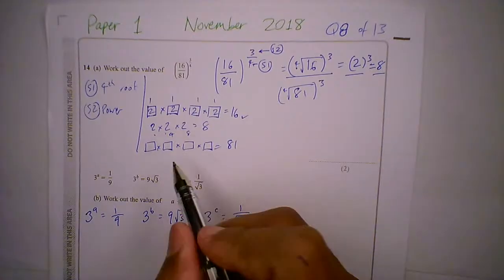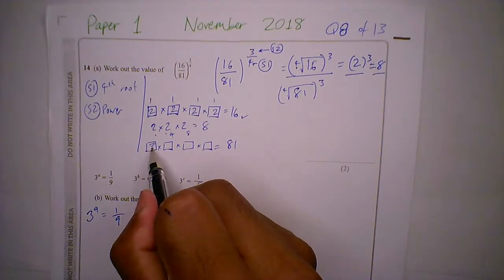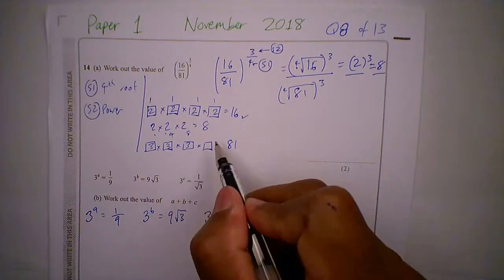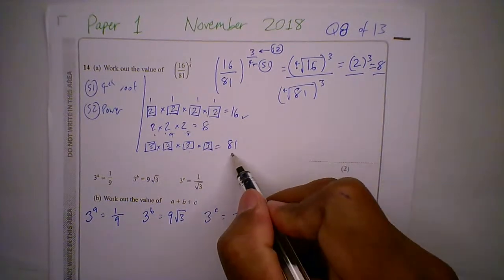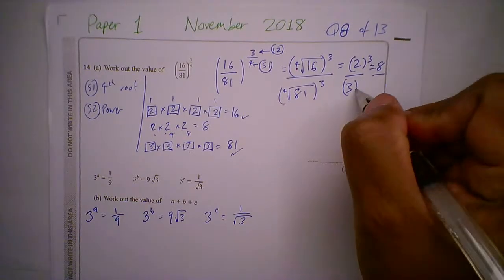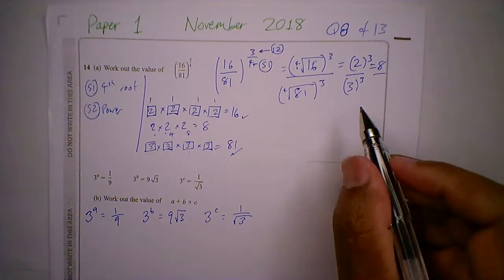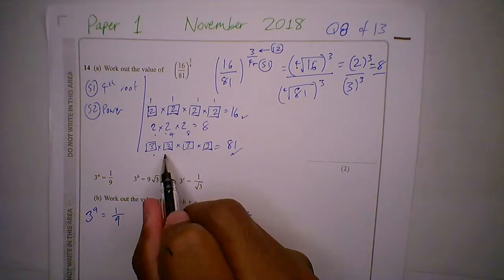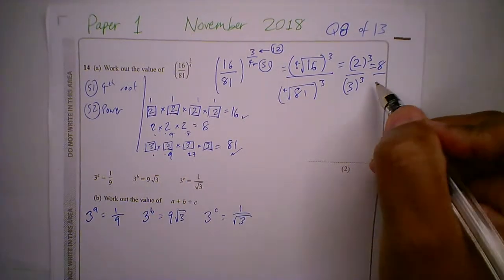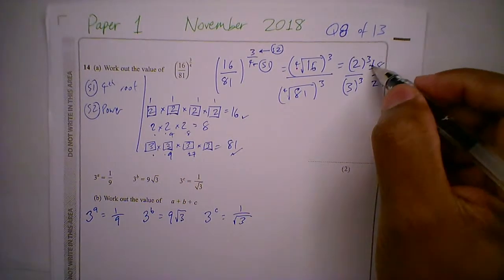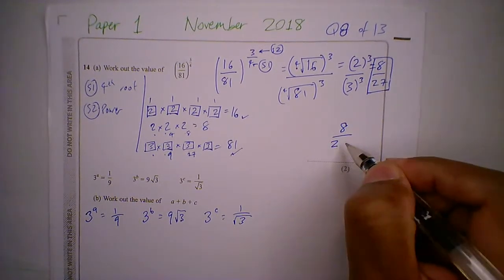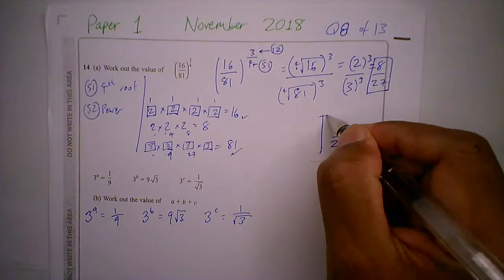We've done 2, the next one must be 3. 3 times 3 is 9, times 3 is 27, times 3 is 81. So that works. So this is 3 raised to the power 3. 3 times 3 is 9, times 3 is 27. 8 over 27 is my final answer.